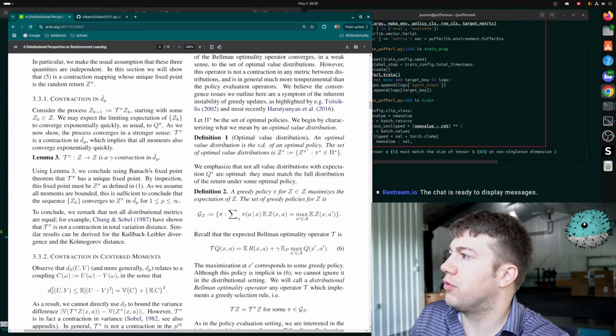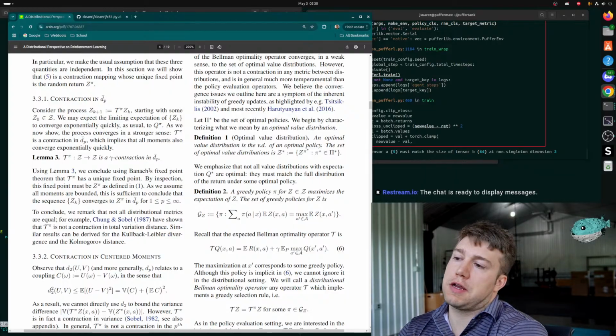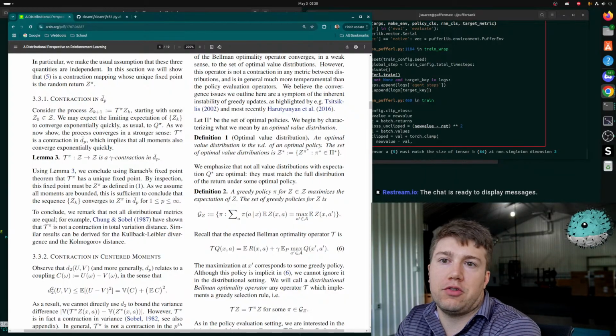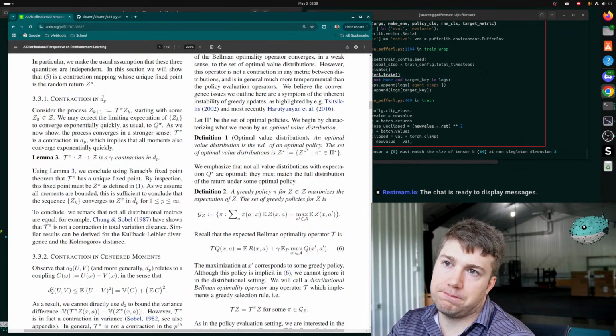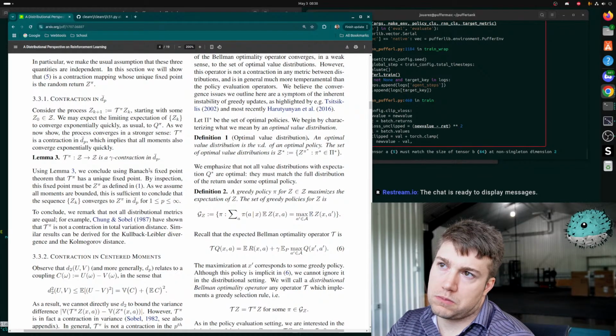I actually don't know if we should really even do this right now because, does this make sense outside of the off-policy context? You learn the distribution. You don't know the action yet, right? It's not action conditioned.